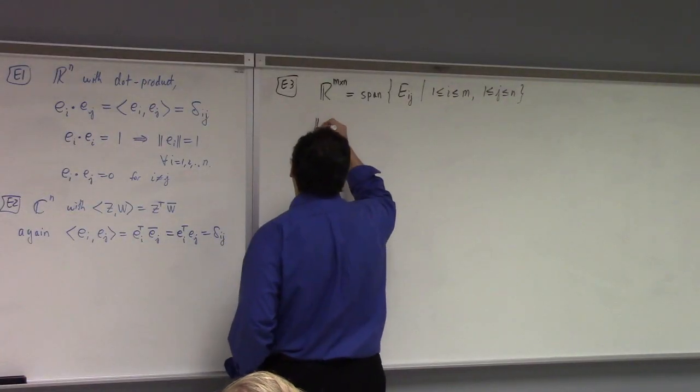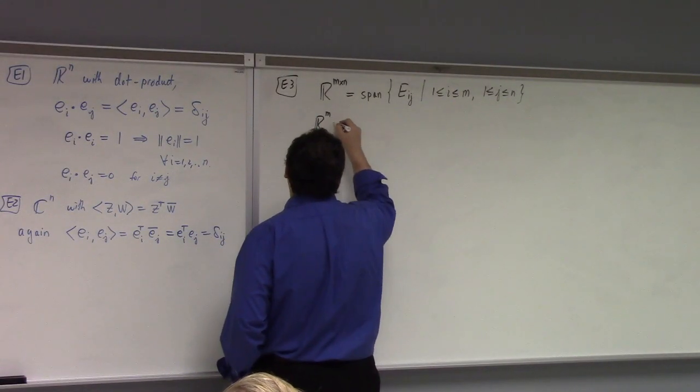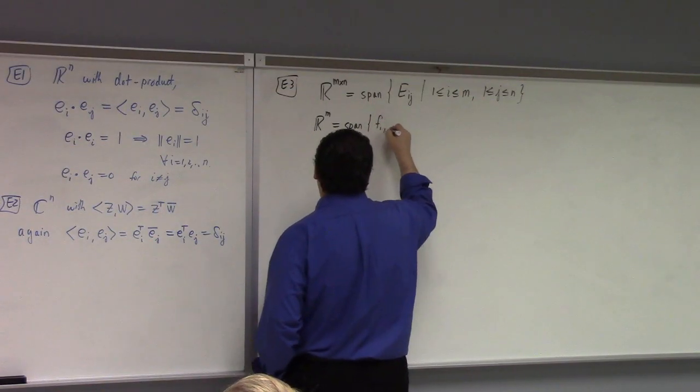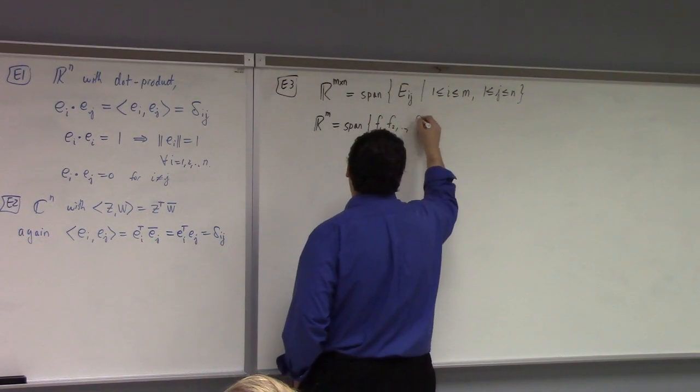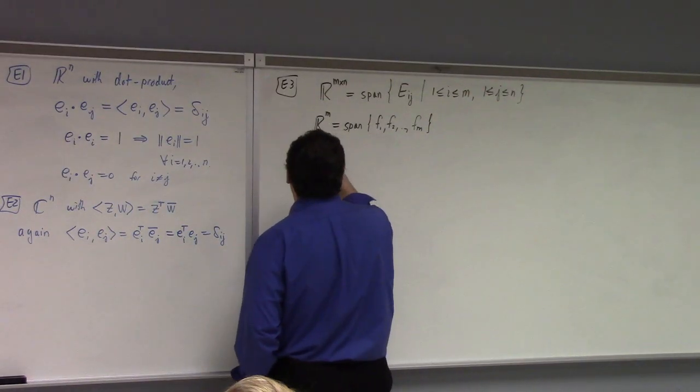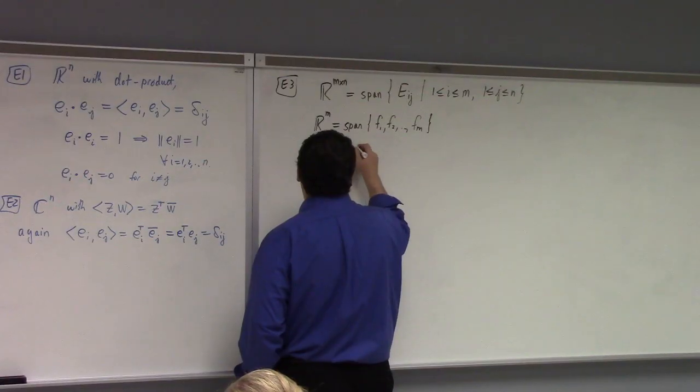Let's think about R^m as the span of, let's say, f_1 through f_m, and we'll use our usual notation for R^n.